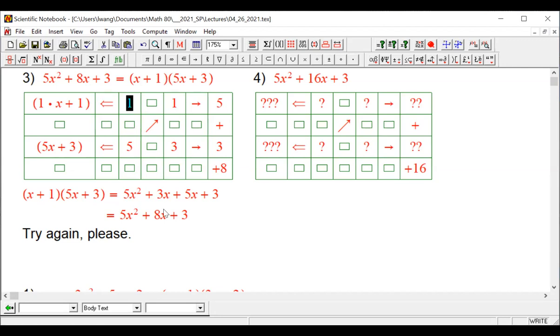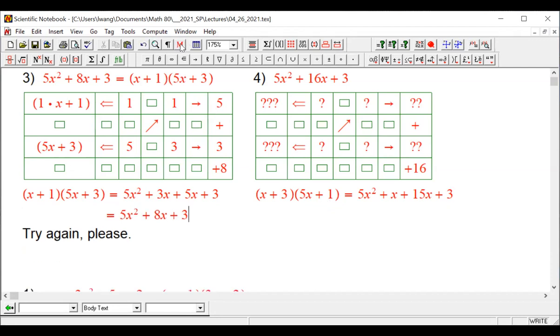Alan has a contribution here and he got x plus 3, 5x plus 1. So I'm going to go straight to check. x times 5x, I got 5x squared. x times 1, I got x. 3 times 5x, I get 15x. 3 times 1, I got 3.